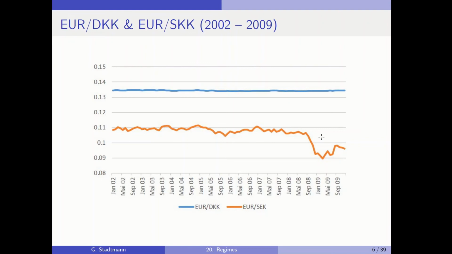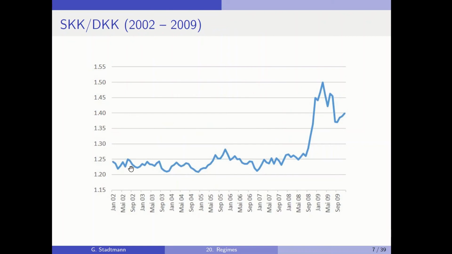And of course, when the exchange rate of the Danish krona is fixed against the euro and the Swedish krona is depreciating, then also the Swedish krona is depreciating against the Danish krona. So this is what we see in the next graph. Here we see the exchange rate, the number of Swedish krona for 1 Danish krona.